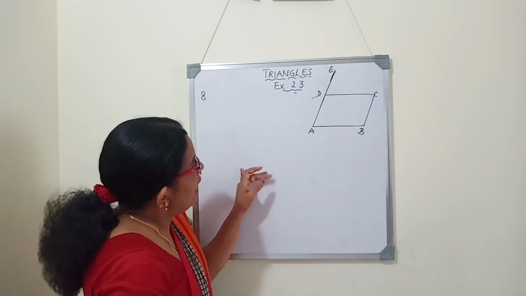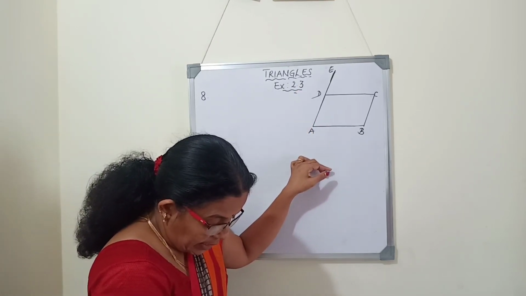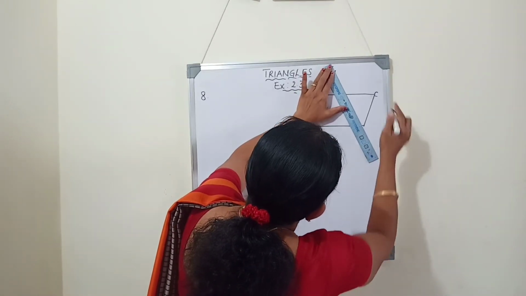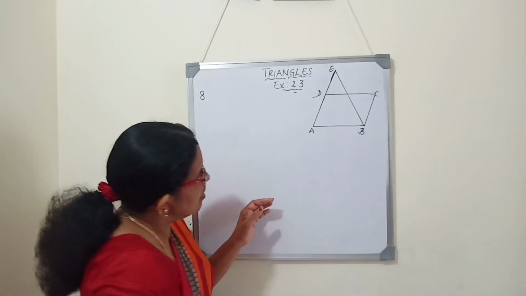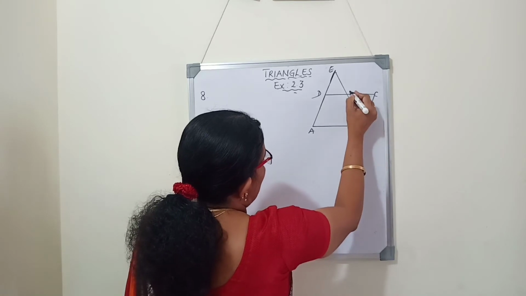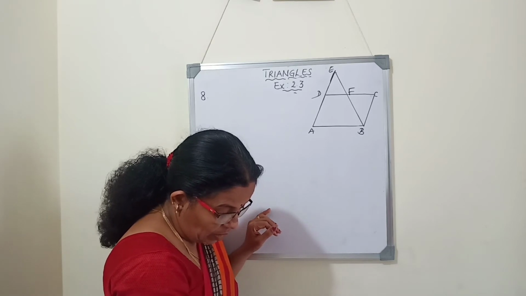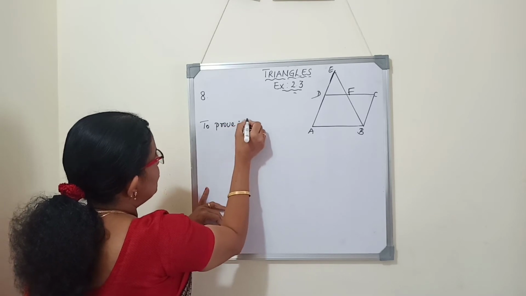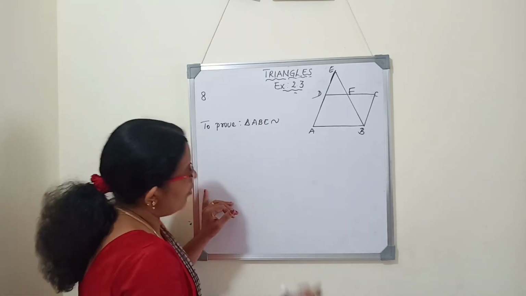BE intersects CD at F. So we have to join B and E, and BE intersects CD at F. So this point is F. Now we have to prove that triangle ABE is similar to triangle CFB.